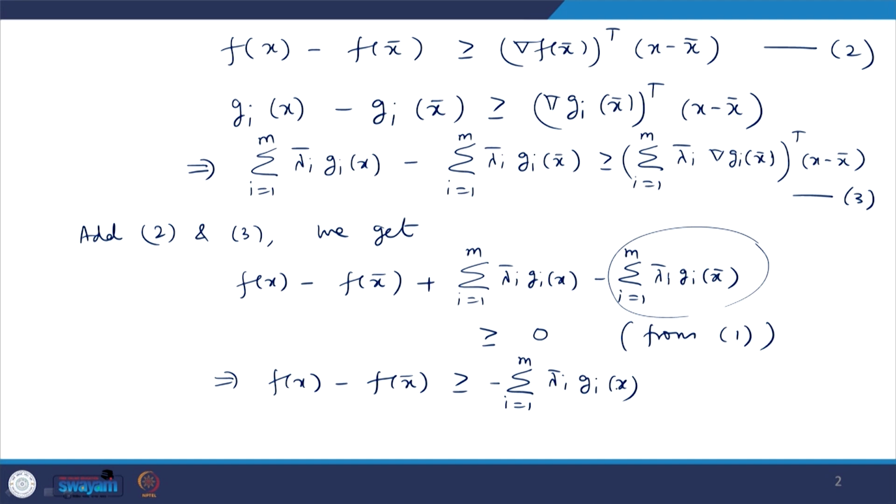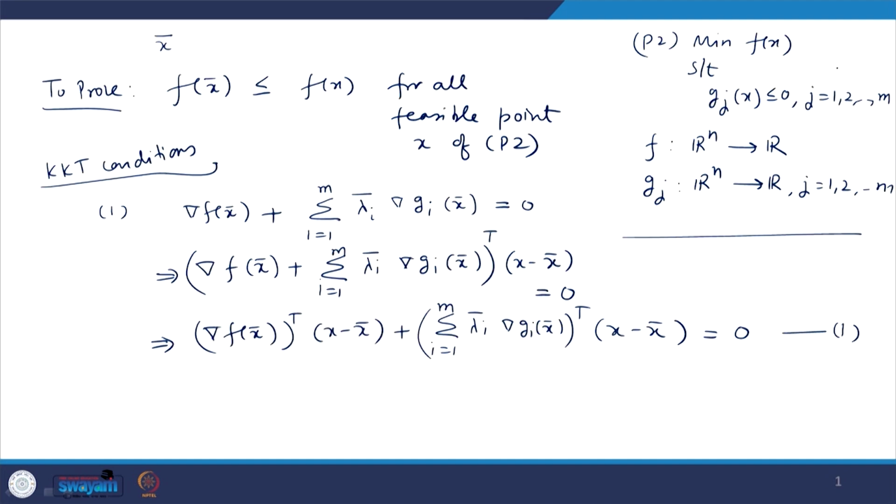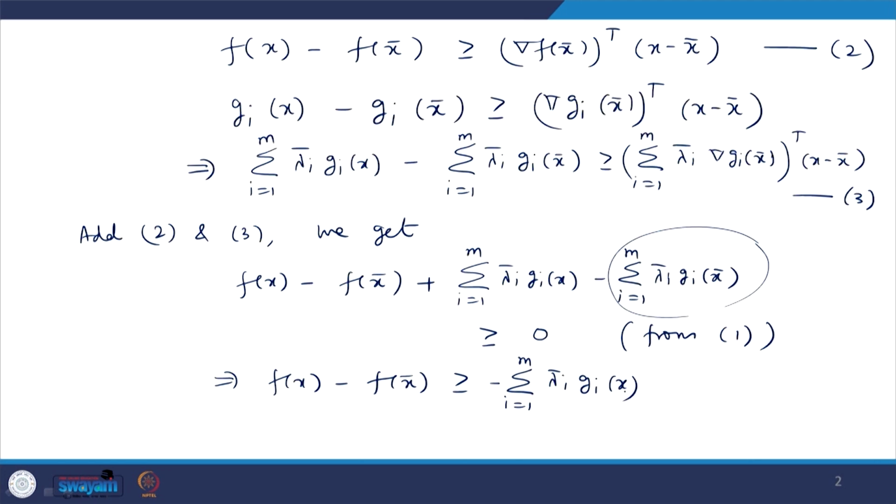Now, what is this x? This x is a feasible point of this problem P2. If it is a feasible point of P2, that means the constraints are satisfied for x, and lambda_i bar are greater than or equal to 0 for all i. So this expression is less than or equal to 0, and with the negative sign it will be greater than or equal to 0, because g_i(x) is less than or equal to 0 for all i, and lambda_i bar are greater than or equal to 0 for all i.